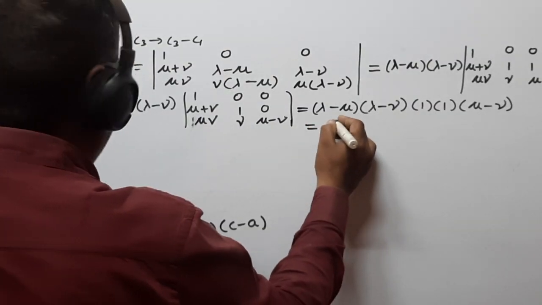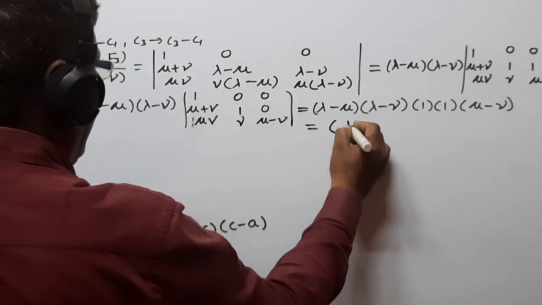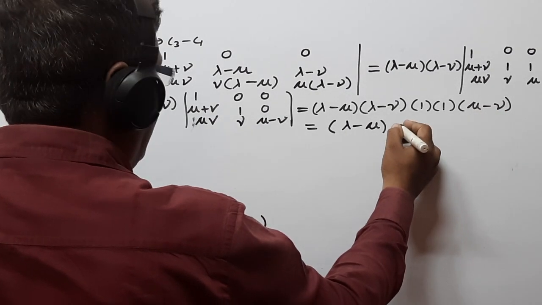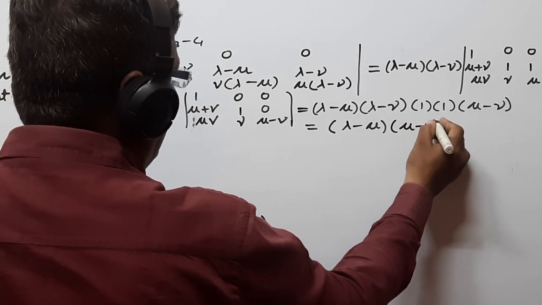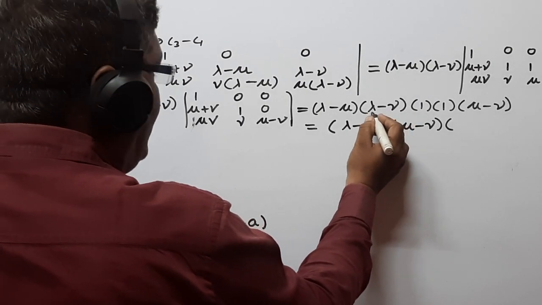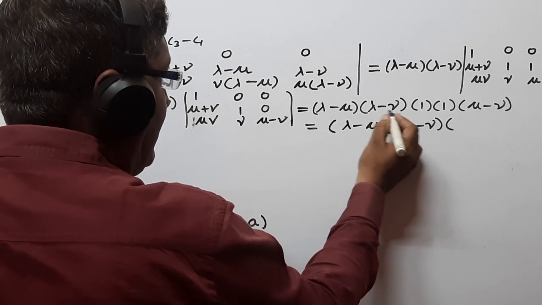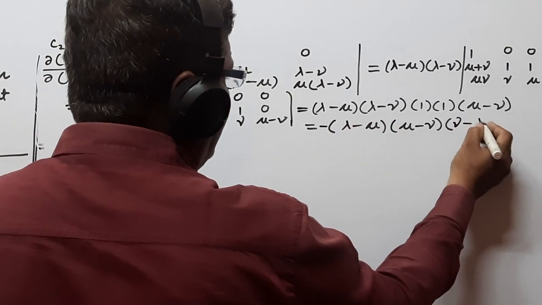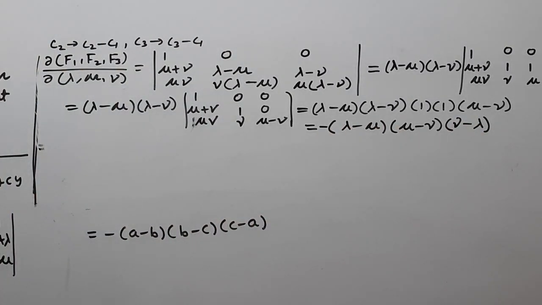So this will be lambda minus mu, mu minus nu, and we take common here minus 1 from lambda minus mu, we get here minus, and here nu minus lambda. So this is the Jacobian of f1, f2, f3 with respect to lambda, mu, nu.